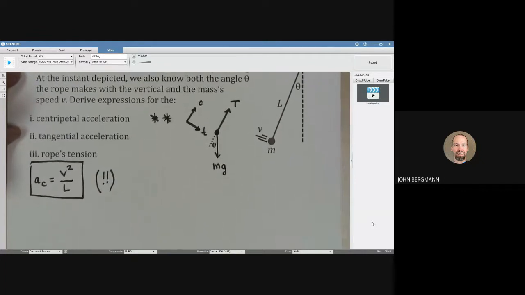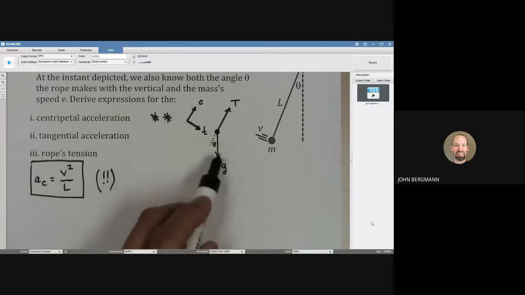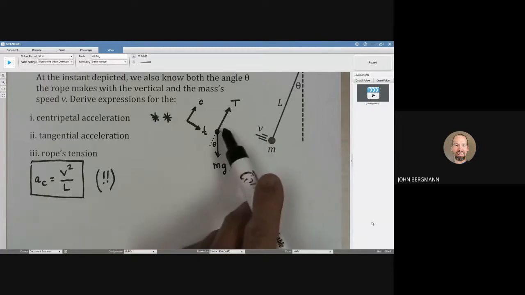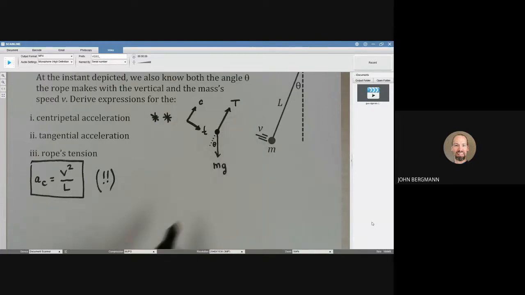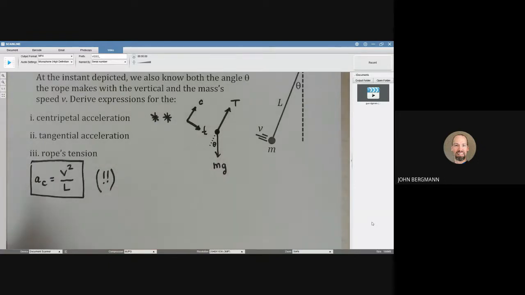Probably this is going to be a little bit more work, but if we're going to find the tangential acceleration, we need to use Newton's second law in the tangential direction here. Look, tension is not in the tangential direction at all. The only force component that is in the tangential direction is mg sine theta.